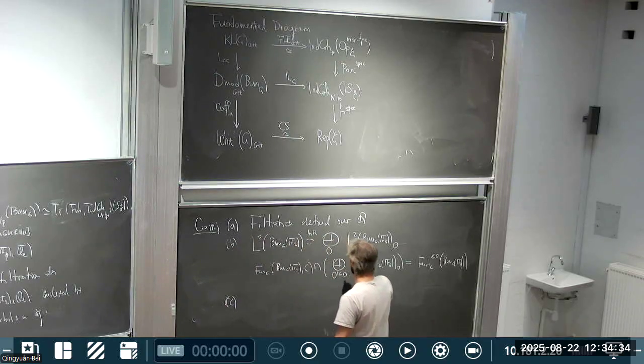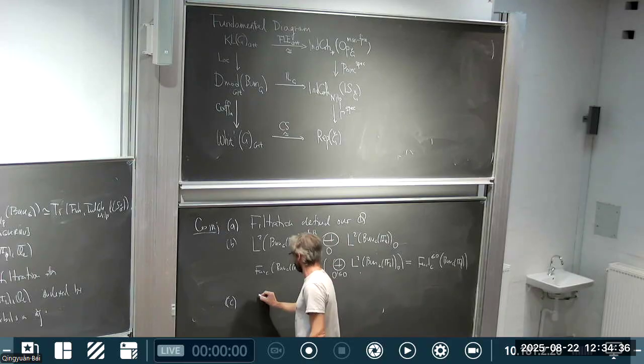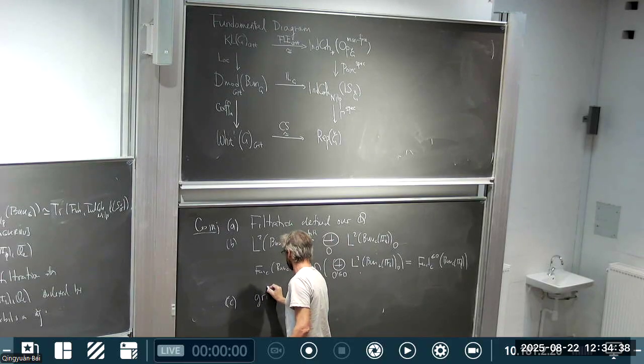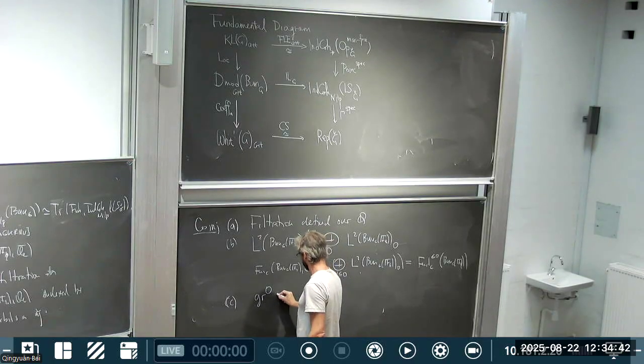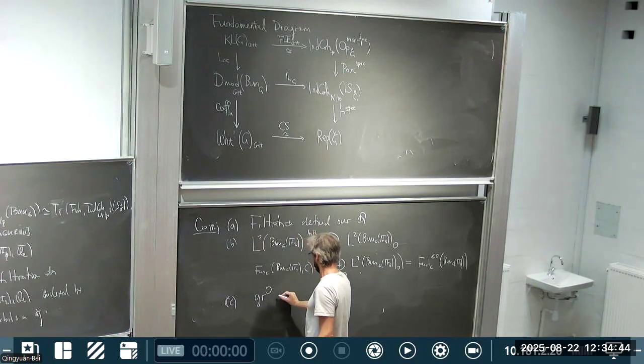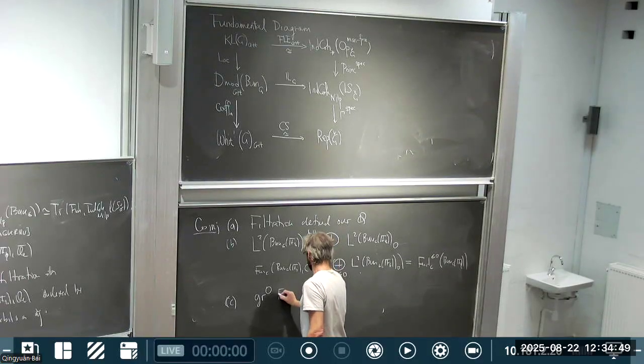So if you assume B, you obtain the following. You take the associated graded piece corresponding to a given orbit, then we call it gr O, of functions with compact supports.